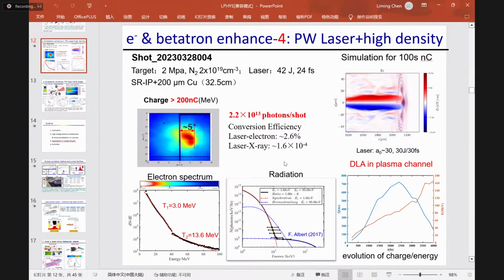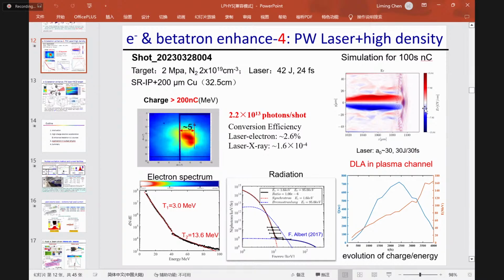So actually we increased it to 10 to the minus 4 because we let the electrons go through the DLA, and it's really quite effective. It produces electrons with quite high charge and strong oscillations. So in this case, the conversion efficiency reaches 10 to the minus 4.